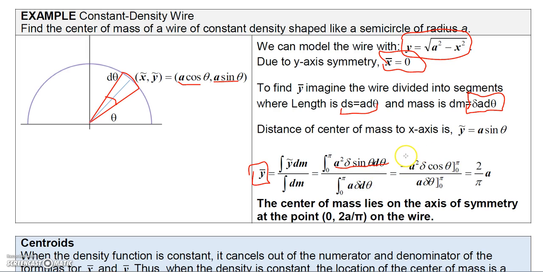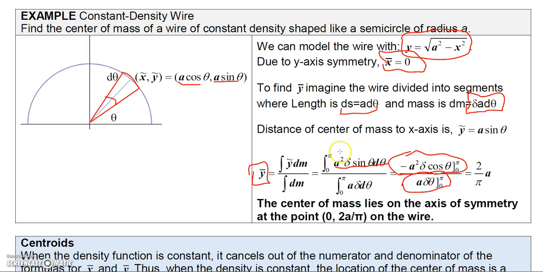Now, I'm going to let you go ahead and integrate this. Remember, a squared and the density are constants.